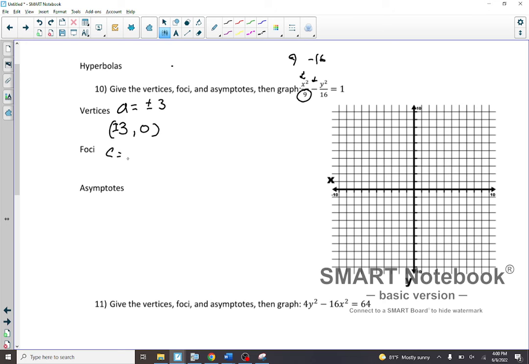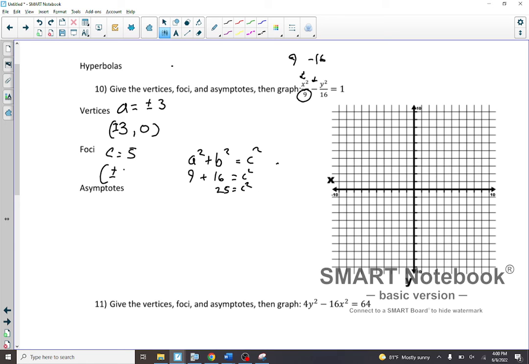The foci, which is the c value, which on the equation sheet you would have a squared plus b squared equals c squared. So then you have a squared, which is 9, plus b squared, which is 16, equals c squared. 25 equals c squared, so c equals 5.